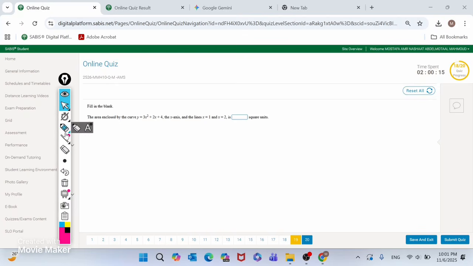It seems hard, they gave you a lot of stuff, but you just integrate x squared plus 2x plus 4 from 1 to 2. I'll just do it on my calculator. Give me 2 seconds. x squared plus 2x plus 4. You get 14.